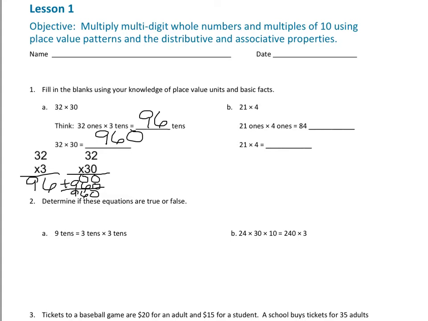Let's move on to question 1b. 21 times 4. Underneath that it says 21 ones times 4 ones equals 84 blank. Think of this just like you would any other multiplication problem. If you multiply 1 times 1, it would still be 1. So 21 ones times 4 ones equals 84 ones.